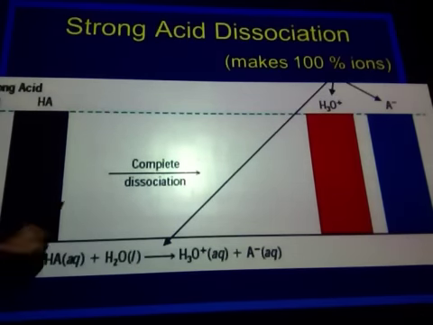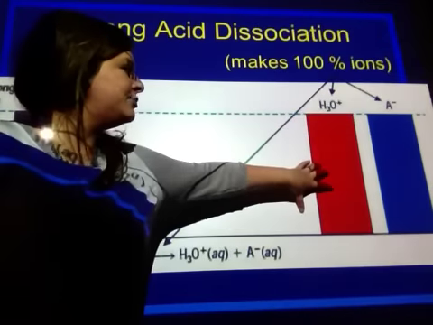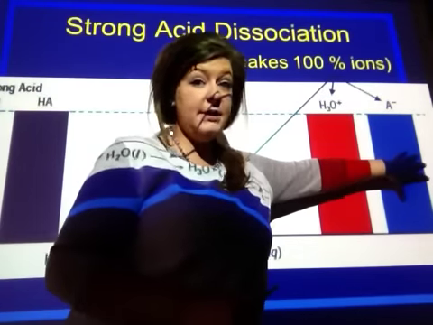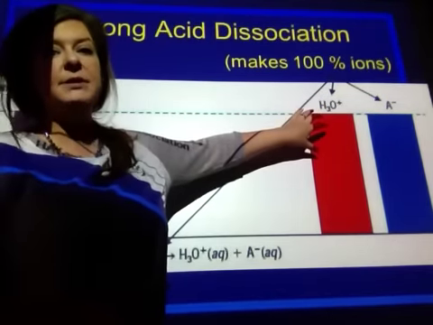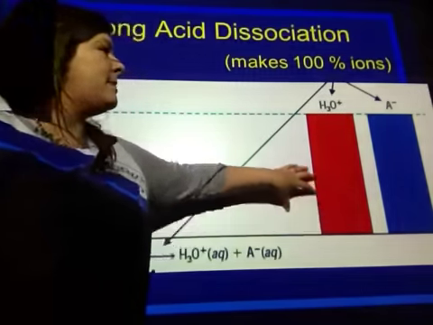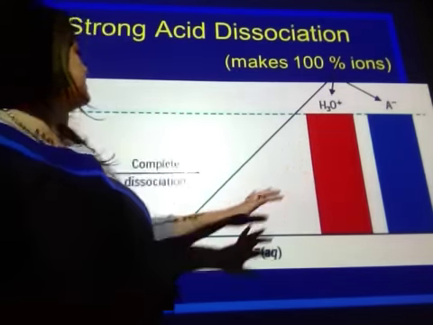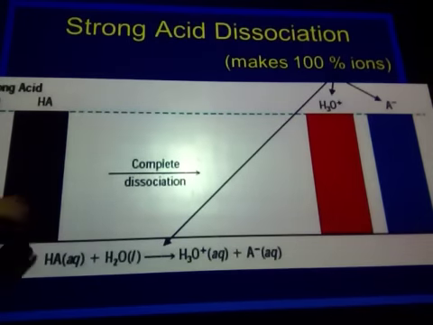So I started off with this acid, and it completely broke down to hydrogen ions and then the A- ions. I can call this hydrogen ion because this is still just attached to water. So it's hydronium, but ultimately here I'm making my hydrogen ion. It's just in water.